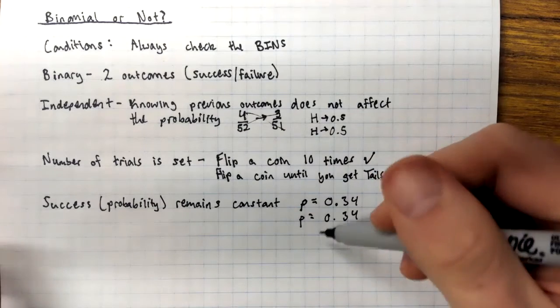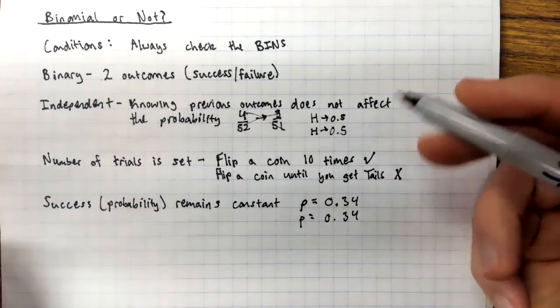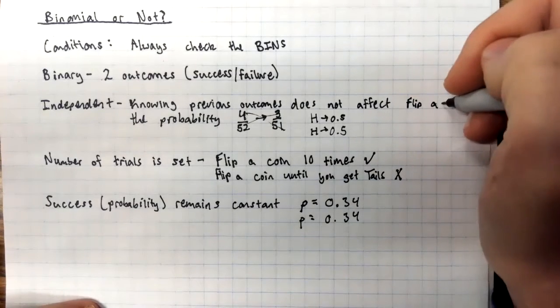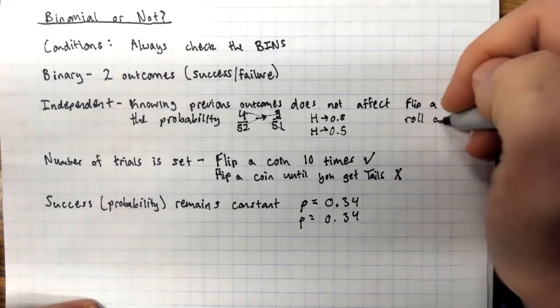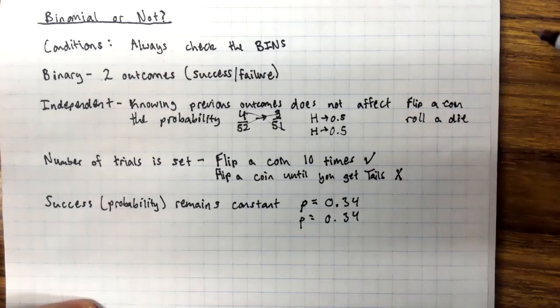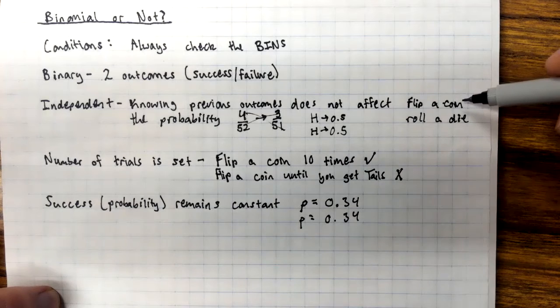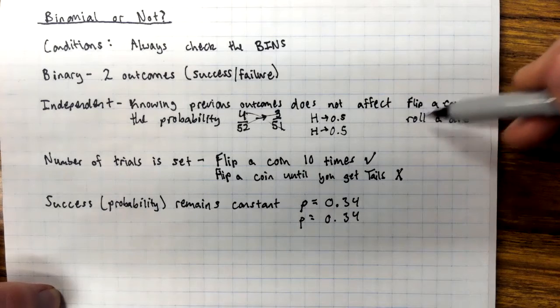So I guess the difference here from independence is we can have an independent binomial random variable if we flip a coin first, and then roll a die. And we could define success as when I flip the coin, I get heads, and when I roll the die, I get a 1. So these two things are independent.